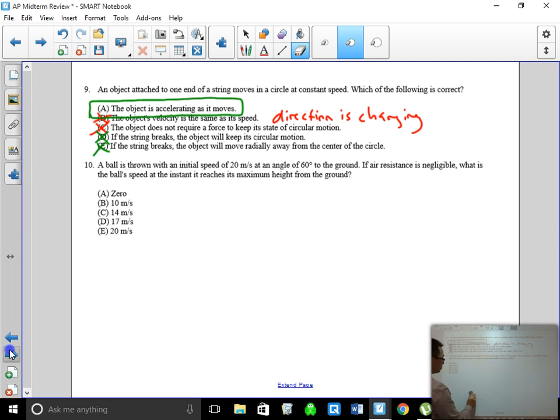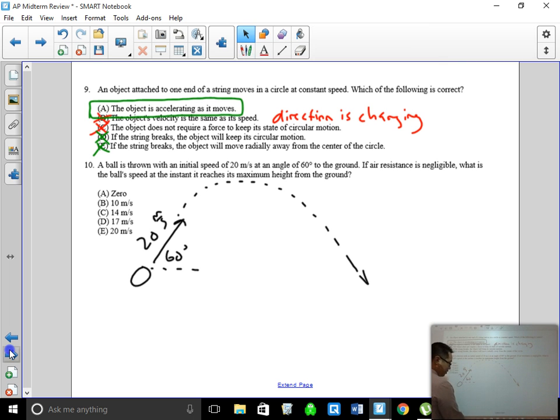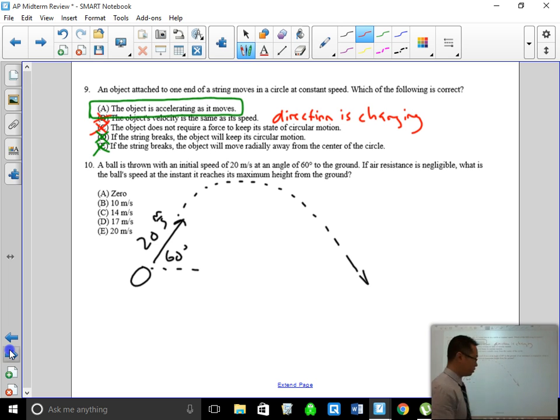Number 10 is a projectile motion question. They say a ball is thrown with an initial velocity of 20 meters per second at an angle of 60 degrees. They ask, what is the velocity at the top? Well, if you draw a motion map, we'll understand that the velocity on the y-axis gets smaller and smaller as it gets to the top. In fact, it stops at the top and then comes back down with a vertical velocity.